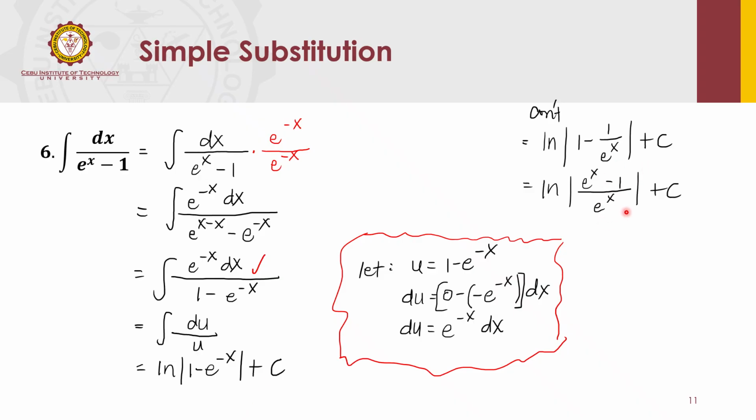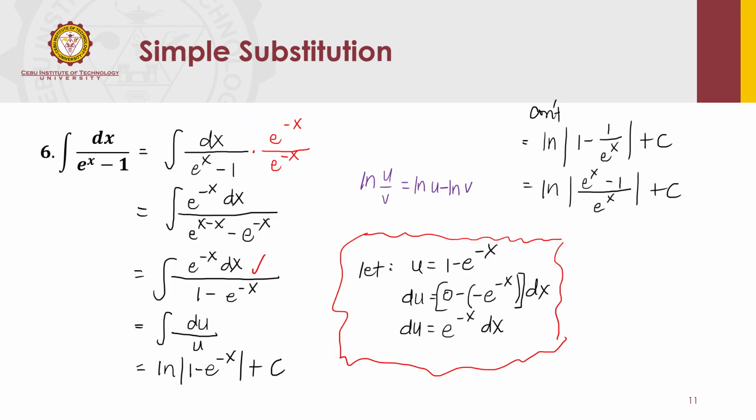Is there a property for logarithm for ln of u over v? I divide ang duha. There's ln of u plus ln of v equal to ln of u times v. So pwede na ln of u over v is actually equal to ln of u minus ln of v.